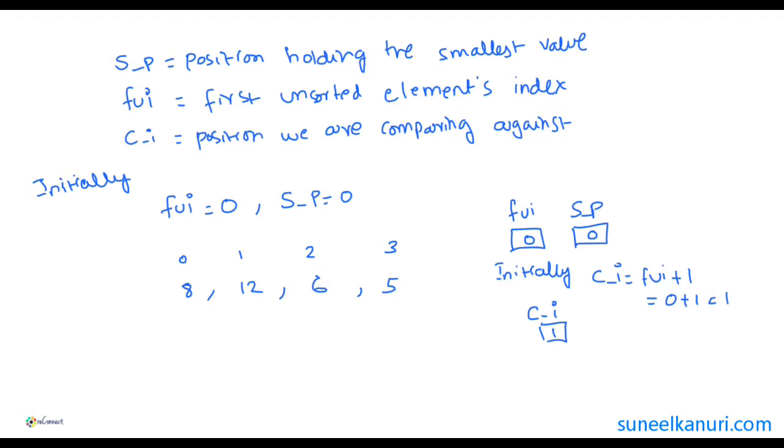So this is going to be our pass 1, and at this point we would be comparing what's our first unsorted element, which is 8, with every other element, trying to find if there's another element which is smaller than 8.